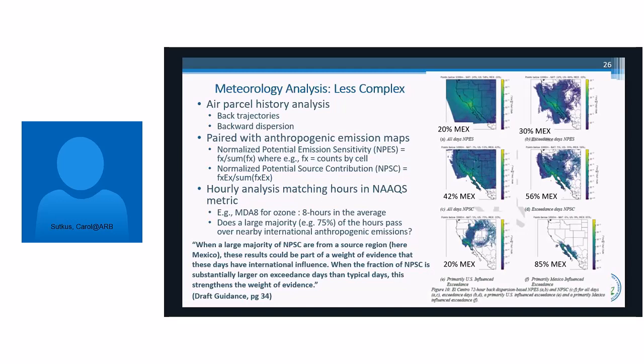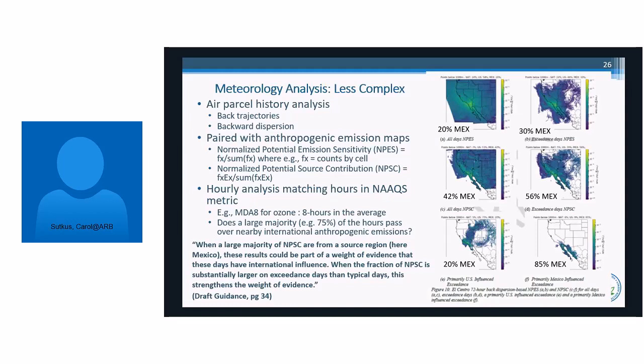So the meteorological analysis for a less complex situation could use air parcel history analysis. Back trajectories or backward dispersion modeling are two examples of air parcel history analysis. In the draft guidance, we talk about pairing that information with anthropogenic emissions maps.